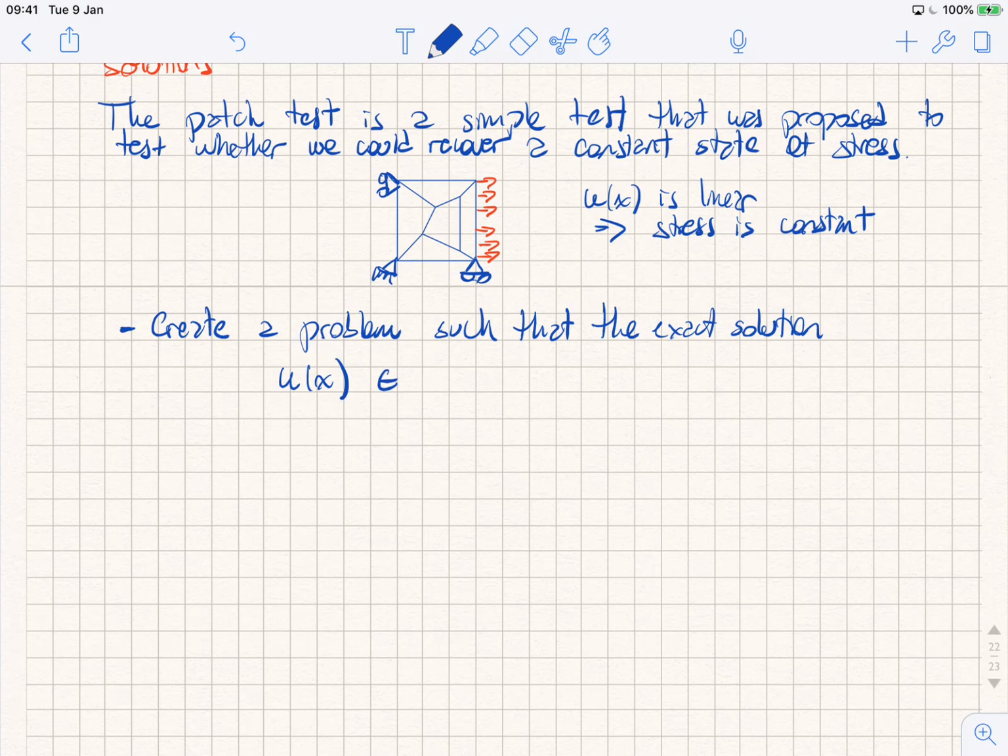If you remember, we call this space of polynomial interpolation orders on omega. And then what we are going to do is decide on an exact solution. We choose ourselves our exact solution, and then we come up with the problem.